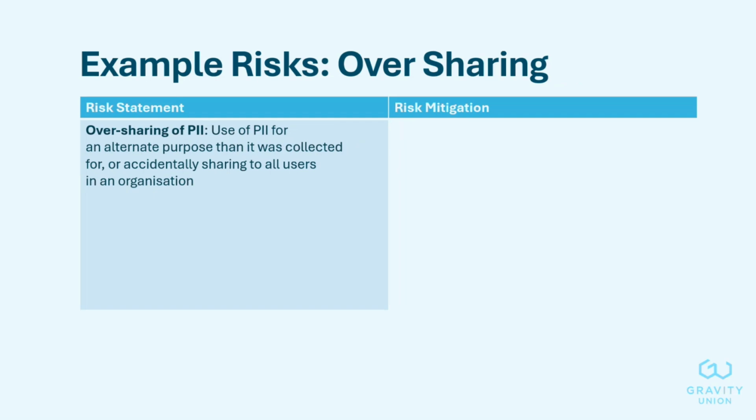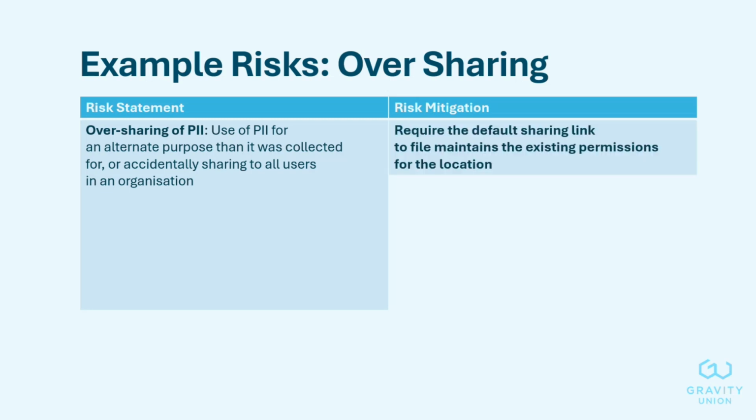Another common risk is the oversharing of personally identifiable information. So if any part of your initiative or your business practices use PII for an alternate purpose than it was collected for, or accidentally sharing to all users of an organization when it was meant for more of a limited audience.